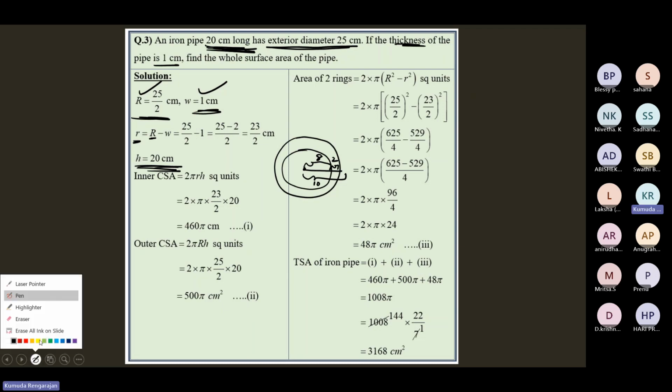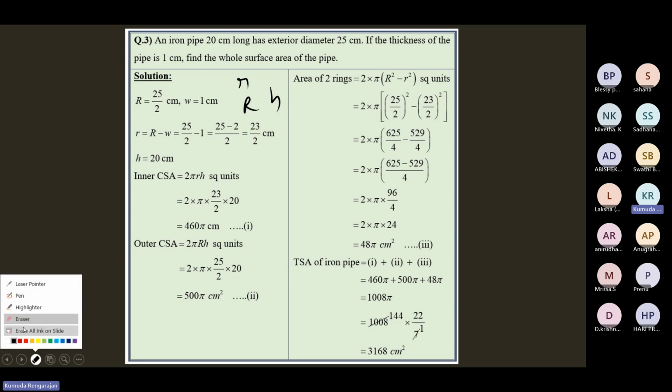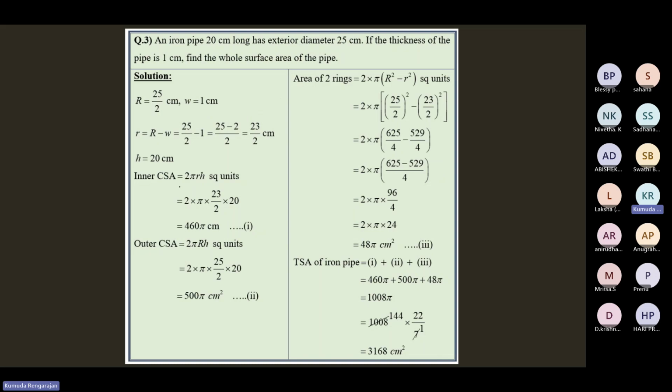So now we found all the values. Small r, capital R, H. So let's move on to find the different surface areas. So the inner curved surface area. This is the formula, substitute the values.